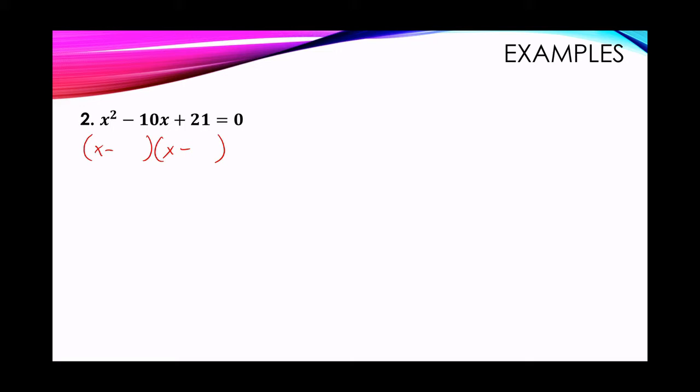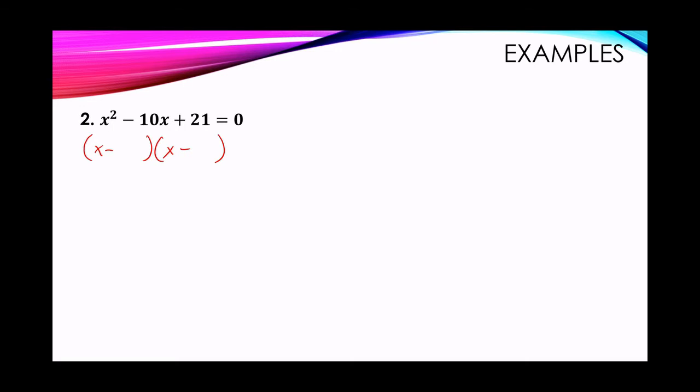All right, and then I need to figure out factors of 21 that will add together to equal 10. And if you don't know, you can always put it in your calculator, go to y equals, put 21 divided by x, then go to the table and search for the integers there, and it will give you the factors.